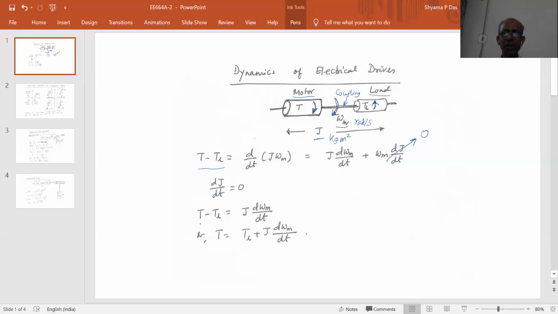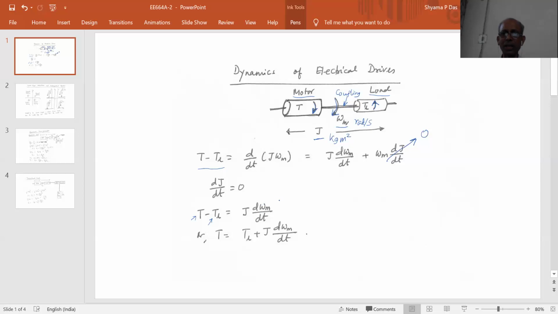It means the differential torque, the motor torque minus the load torque, is responsible for the angular acceleration of the motor and load combination.